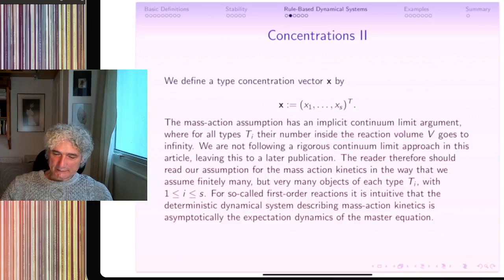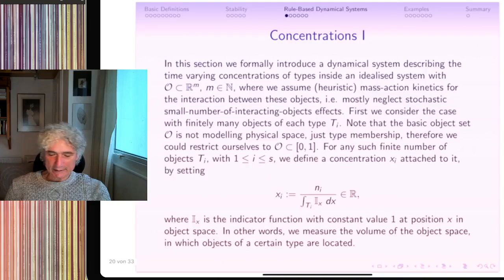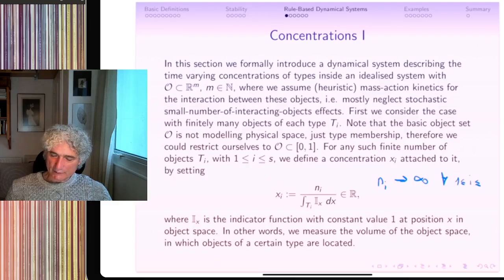This would be a limit where each of the ni's, the integer state space which says how many particles there are of type Ti, would need to go to infinity, for all i between 1 and s, because we always assume we have s many different types in the system.